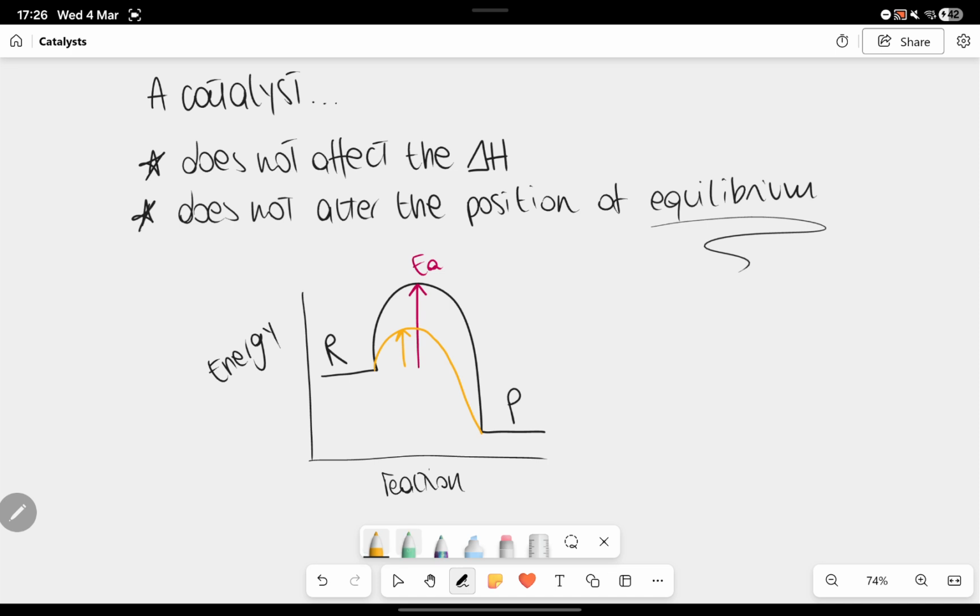But remember that for the backward reaction, the activation energy would also be lower. So the catalyst speeds up the forward but also the backward reaction. And that's why it does not change the position of equilibrium.